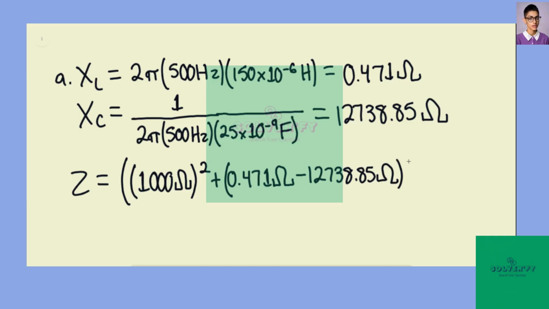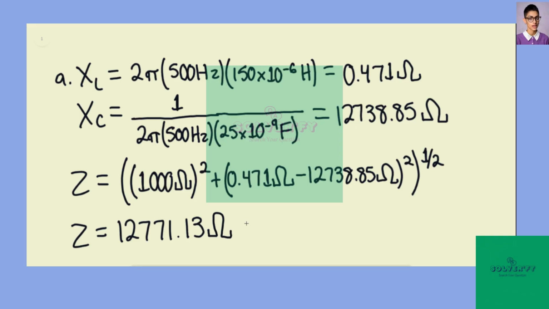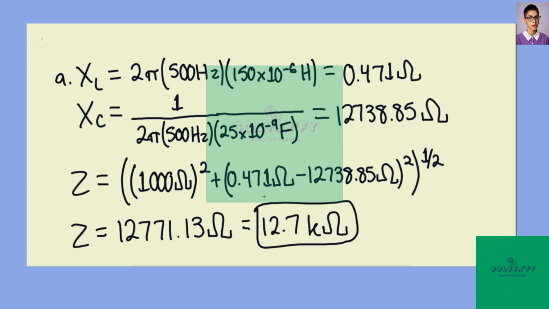This difference will be squared, and then this sum of the squares will be raised to the 1/2 power. And we find that the impedance is equaling essentially 12,771.13 ohms. Or we can say that this would be equaling to 12.7 kiloohms. So this would be our answer for part A, rounded to 3 significant figures.